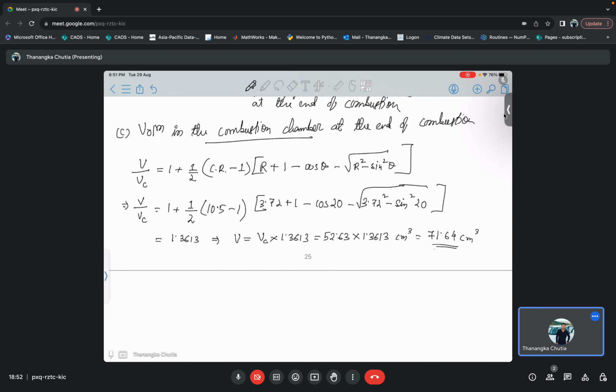What is this? This is the volume in the combustion chamber after combustion.